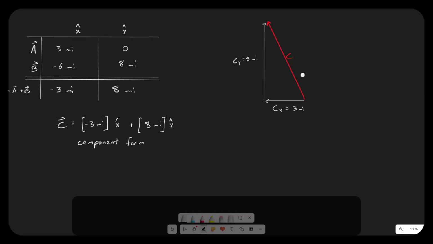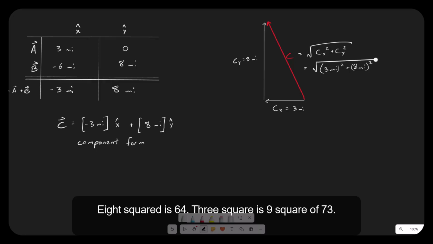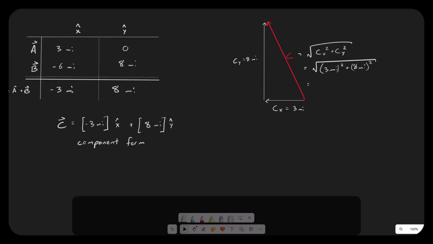I'm going to get C using the Pythagorean theorem. So I get the square root of 3 miles squared plus 8 miles squared. 8 squared is 64, 3 squared is 9, the square root of 73, 8.54.